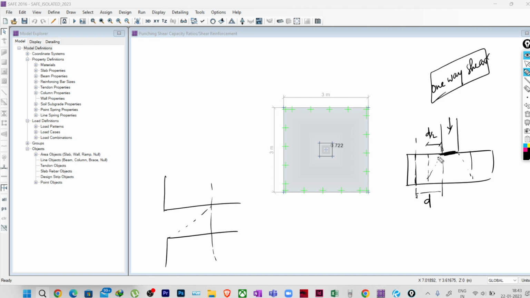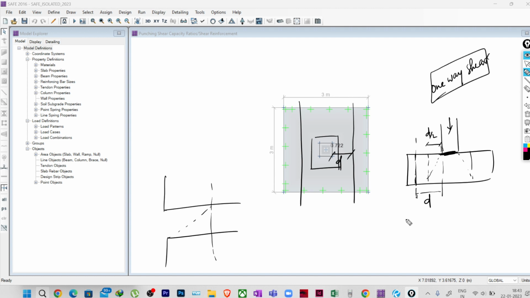If it is okay, then we will check for the one-way shear. In most cases you will see that the one-way shear will be the governing case. The vicinity for the one-way shear is at d distance from the face of the column, somewhere here. And two-way shear will be like this, as it is a punch.